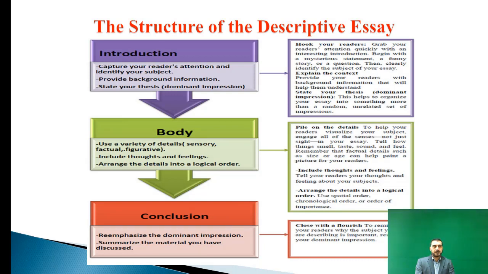So we have to pay attention to these three important units. We have to use a variety of details. We have to include thoughts and feelings or sensory information, and we have to arrange the details within the separate paragraphs, or within the various body paragraphs, in such a way that gives a sequence, either a spatial sequence, a time sequence, or an order of importance, to the audience.